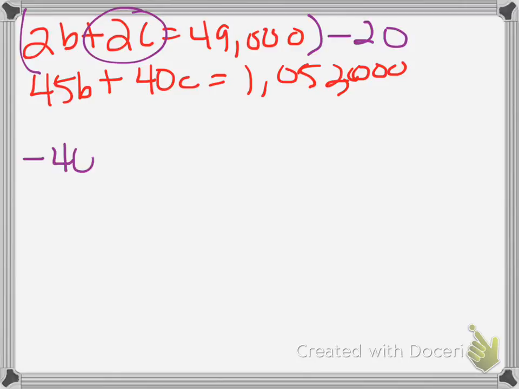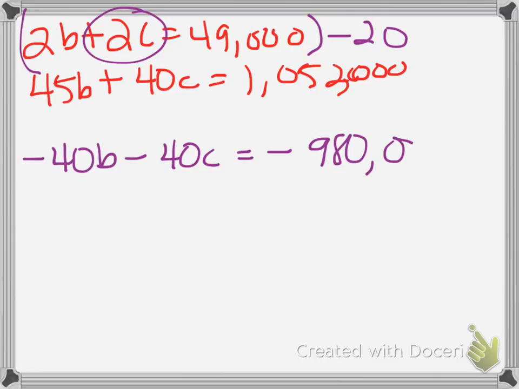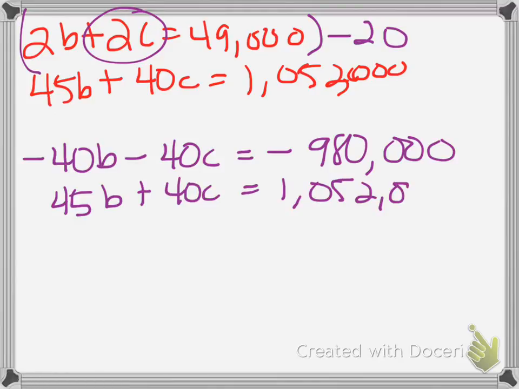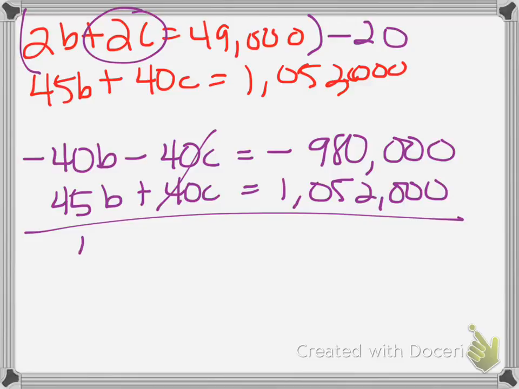So I now have negative 40b minus 40c equals negative 980,000. And then I just tack along that 45b plus 40c equals 1,052,000. So the c's end up canceling, eliminating, they become 0. And then I'm left with 5b equals 72,000.